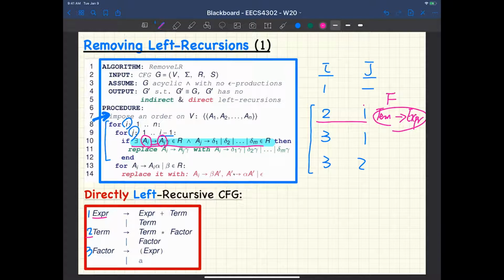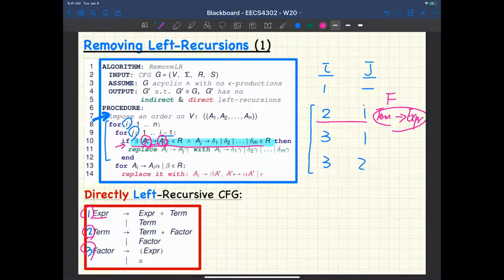Can I just repeat once more, to make sure you're okay. The way we remove indirect left recursion systematically is by first having an order of the rules, 1, 2, and 3, for example. Then for each iteration, given the indices i and j, we have to see if such a production exists.